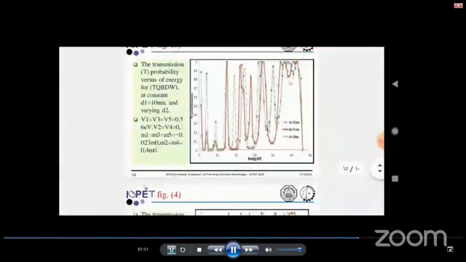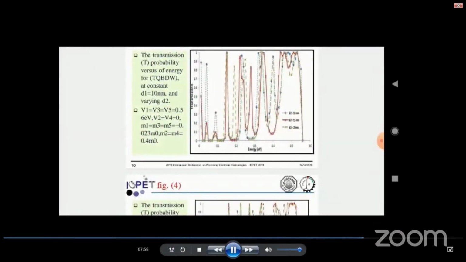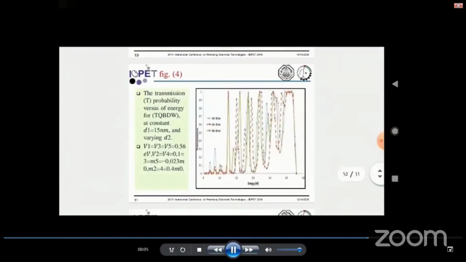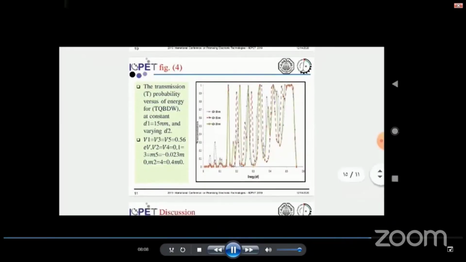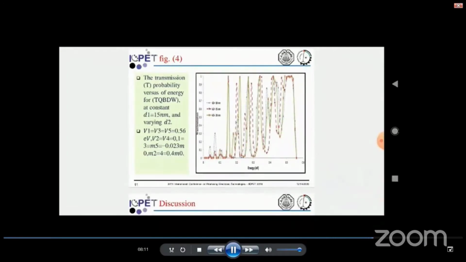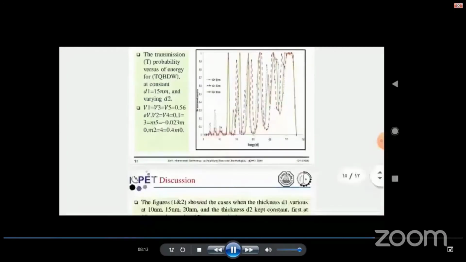In figure 3, the transmission probability also varies with energy at constant D1 equal 10 nanometer and varying D2. Last, in figure 4, the transmission probability T varies with energy at constant D1 equal 15 nanometer and varying D2.